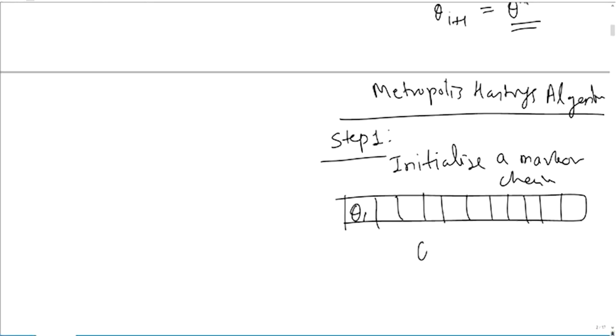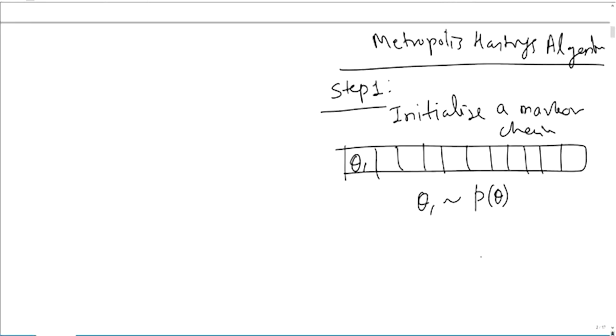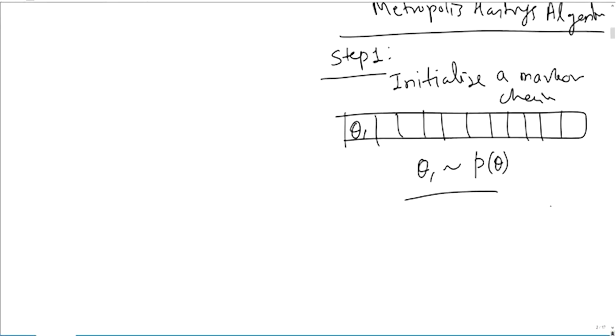You can sample this value from its prior density, or you can just put in a value, let's say 0, 1 or anything. It should be a reasonable value though. So let's say you sample it from its prior density. That will work fine. So this is step 1.